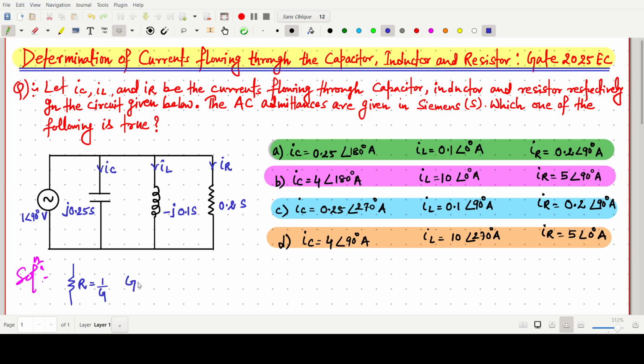So here the conductance value of that particular resistance is given as 0.2 Siemens. So the G value is 0.2 Siemens.